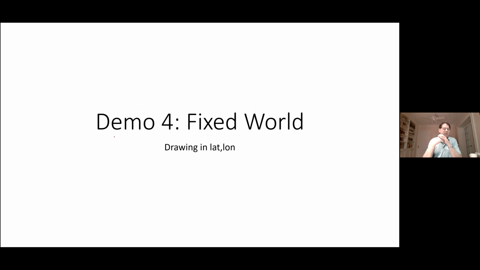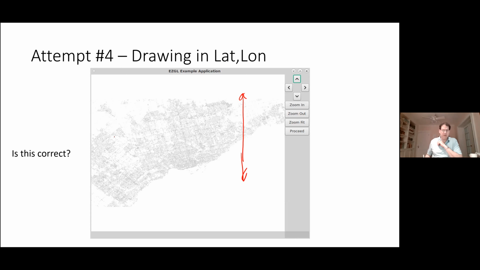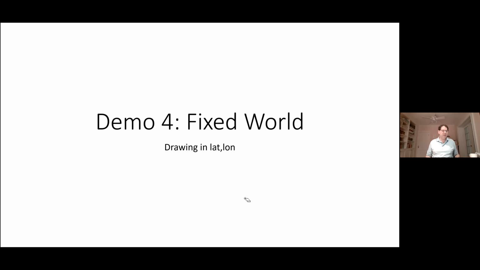Okay, and the reason it's wrong is we're directly drawing latitude and longitude, and a degree of longitude is not as big a physical distance as a degree of latitude, except at the equator. And Toronto is not at the equator, so we're distorting the map. Okay, so we need to do something a bit more clever.